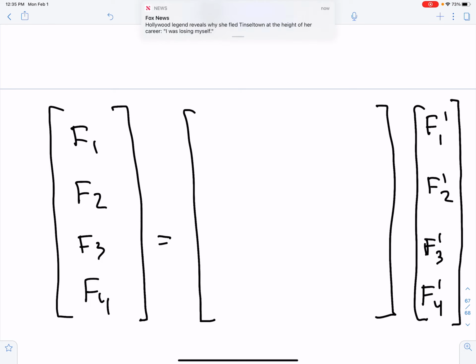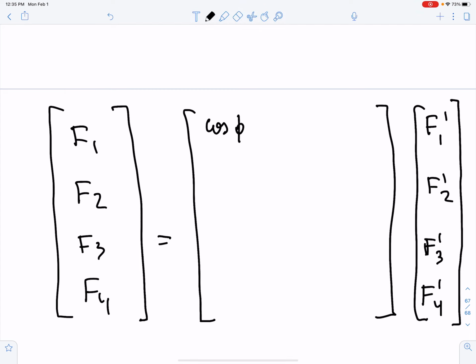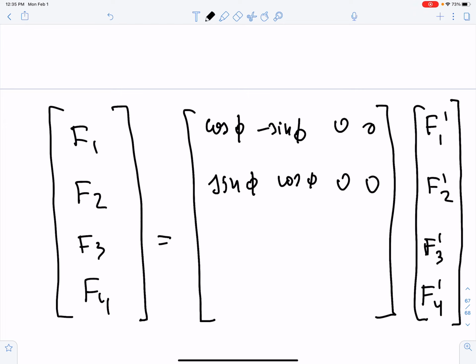The 1, 2 and 1, 2 are related through the transpose of the rotation matrix that becomes cosine phi, minus sine phi, sine phi, cosine phi, 0, 0, 0, 0, 0, 0, 0, 0, cosine phi, minus sine phi, sine phi, cosine phi.